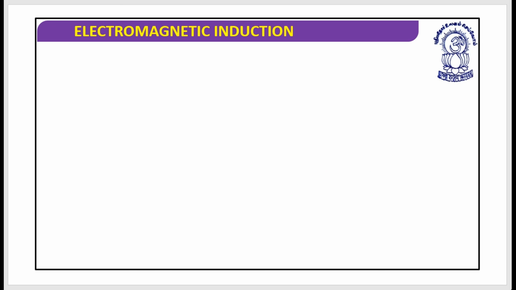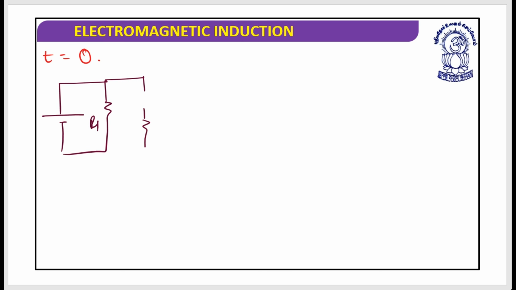So let's see the situation, first let me calculate at t equals 0. Now my diagram would be something like this: this is the EMF battery, this is the R1, inductor will behave as an open switch, so it is something like this, this is R2, and capacitor behaves as a closed switch, so this is R3.